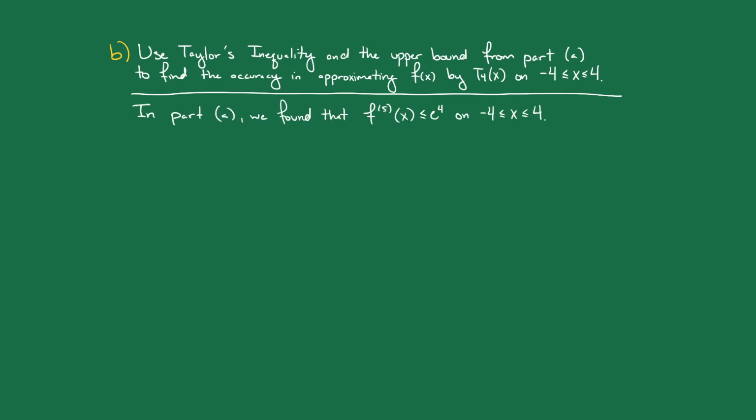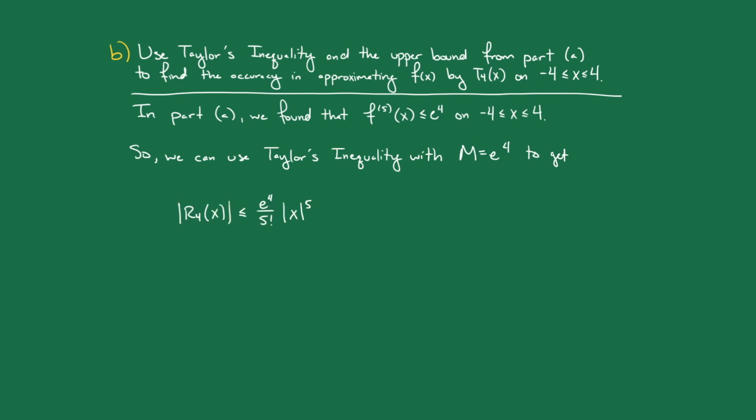However, we found in part A that the fifth derivative of f is bounded above by e to the fourth on the interval -4 to 4. So we can use Taylor's inequality with m equals e to the fourth to get that the error r sub 4 of x is bounded above by e to the fourth over 5 factorial times the absolute value of x to the fifth.